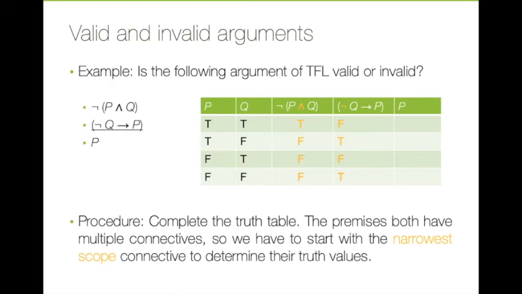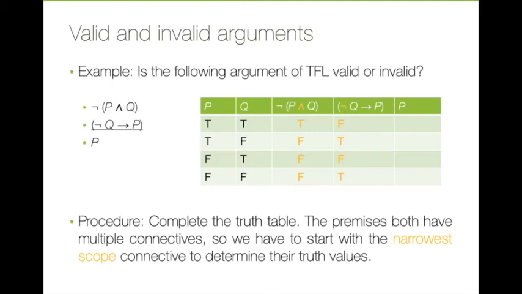For the conjunction in premise 1, we look at the truth values of both P and Q in the first two columns to get that the conjunction is only true when both conjuncts are true.